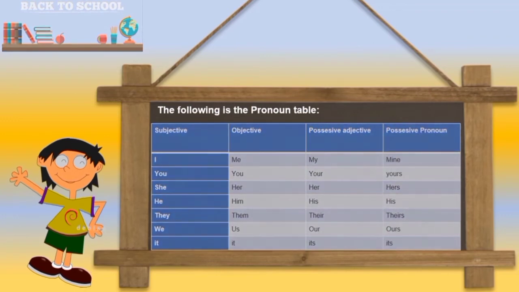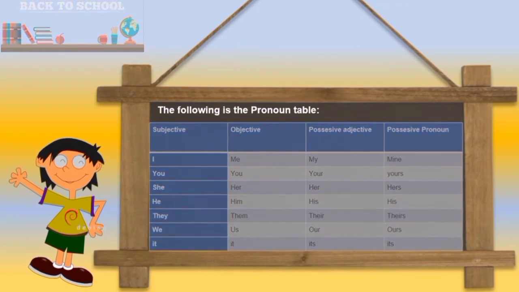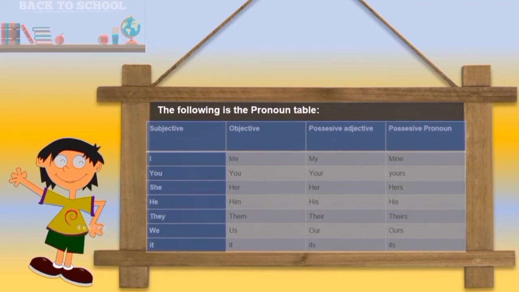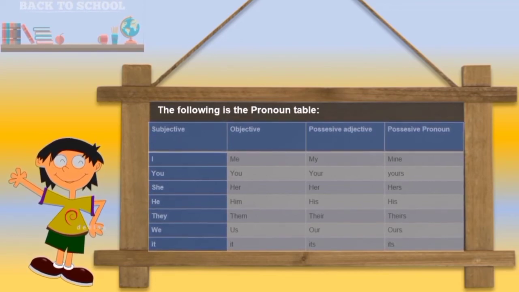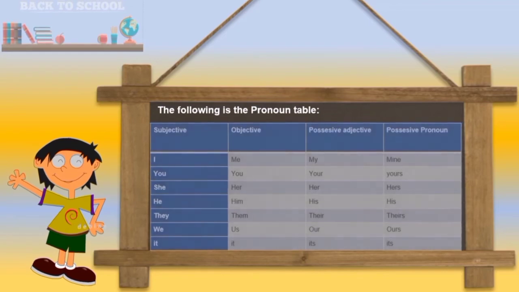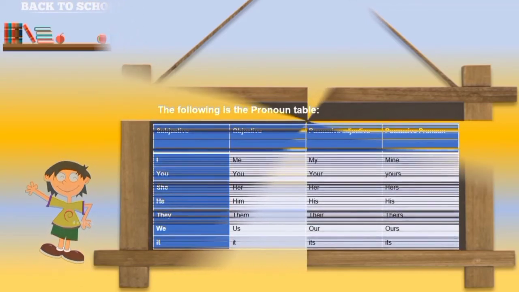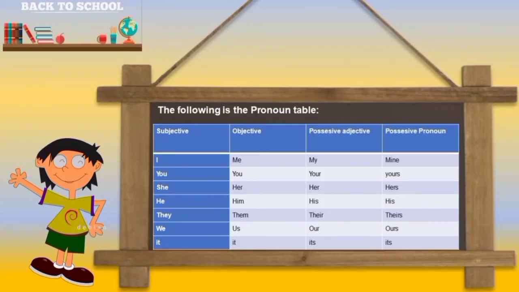Here we can see the table of pronouns. For example, subjective is I, you, we, he, they, she, it. So for the objective, I will show you the table.